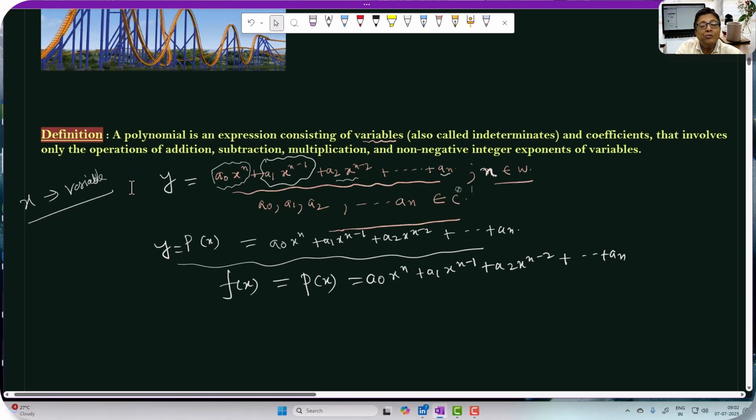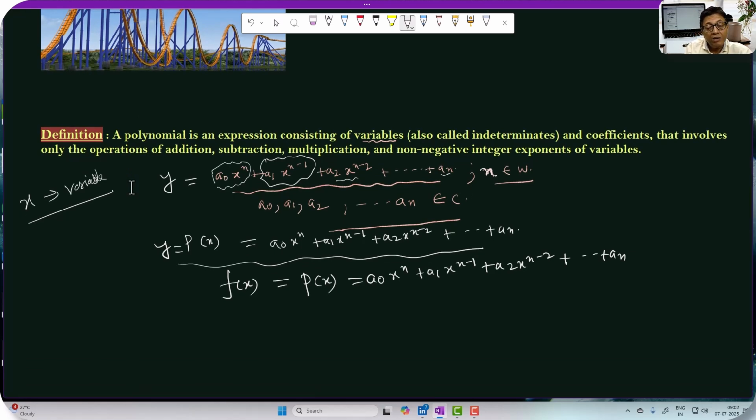This n will indicate the degree of the polynomial. n, this integer, will indicate the degree of the polynomial. n stands for the degree of the polynomial.